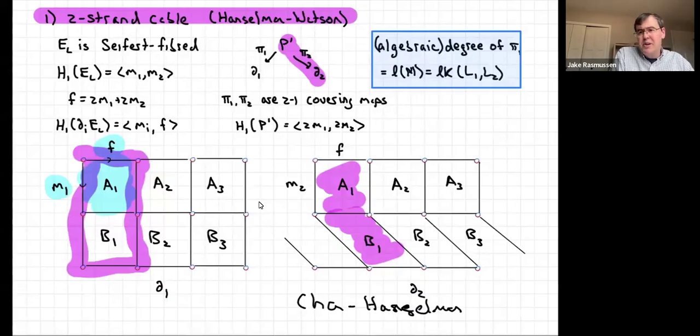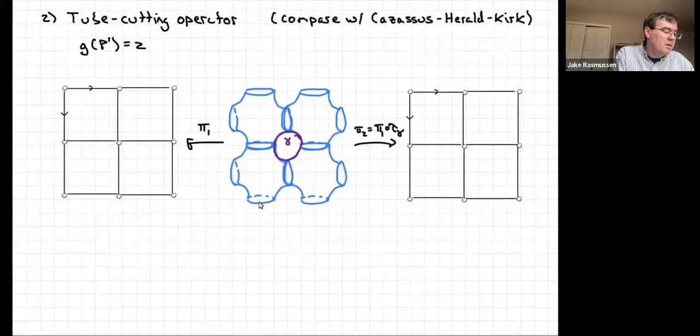So let's think about an operator that doesn't come from a covering map. An interesting example here is this tube cutting operator. For the tube cutting operator, the genus of this underlying surface is 2.